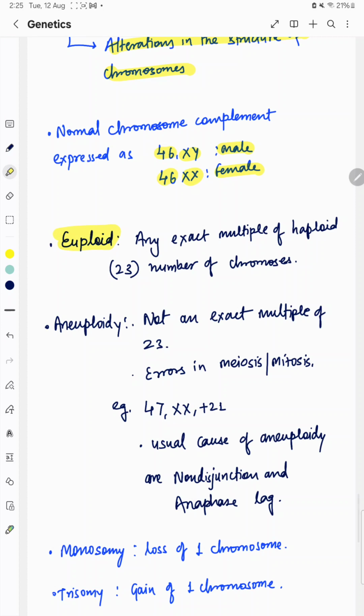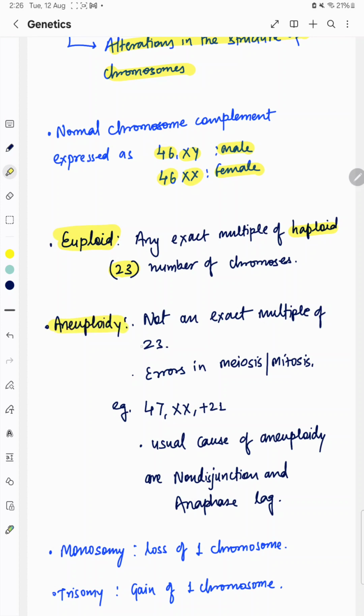What is euploid? Euploid is any exact multiple of the haploid number of chromosomes, which is 23, like 23, 46, 69. And what is aneuploidy?